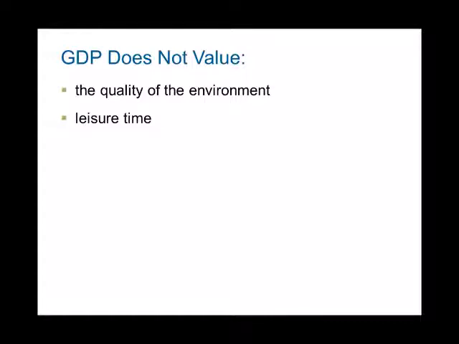In France, for example, the work week is much lower, 30 to 35 hours per week, but their GDP per capita is pretty similar to countries like Germany or England, where they work much longer. So how do you measure that? Well, the French people have more leisure time, but that is not included in GDP because we don't value leisure using dollar amounts.